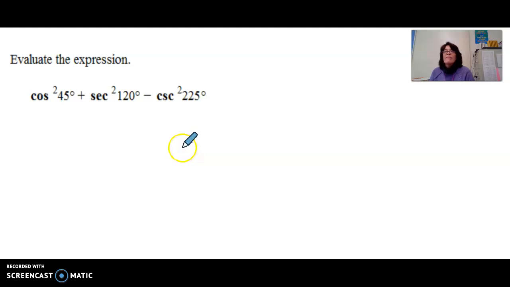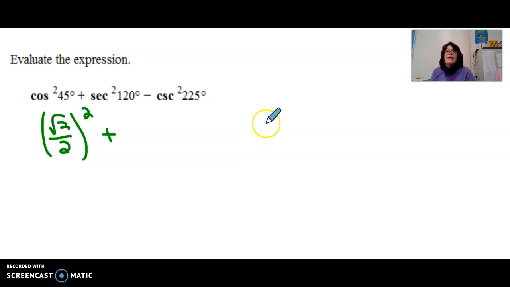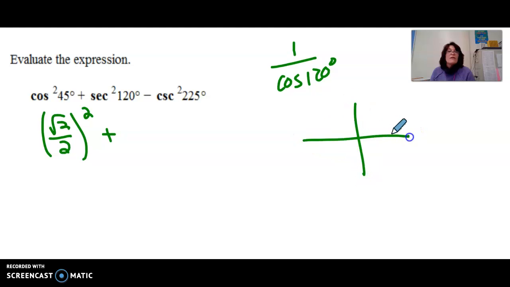Okay, let's try this one. 45 degrees, that's square root of 2/2. Oh, secant of 120. That'll be 1 over the cosine of 120, right? So let me figure out the cosine of 120. Here's 120 degrees. That's 60 degrees away from 180.